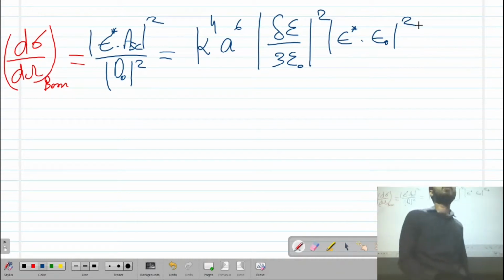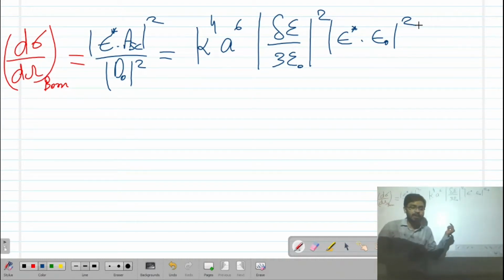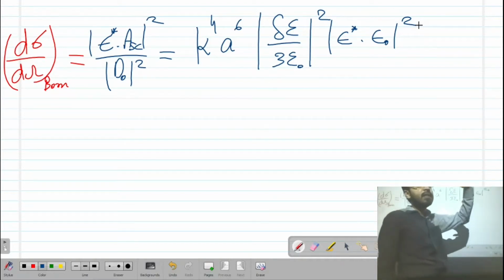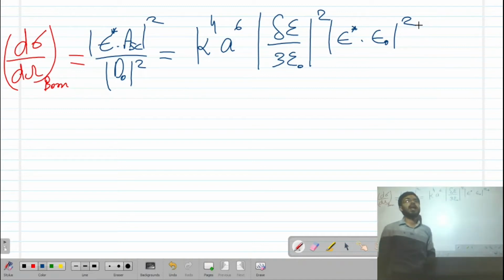Now we want to compare this differential scattering cross section, which we derived from the Born approximation, with the original one obtained in the third or fourth lecture for the dielectric sphere.